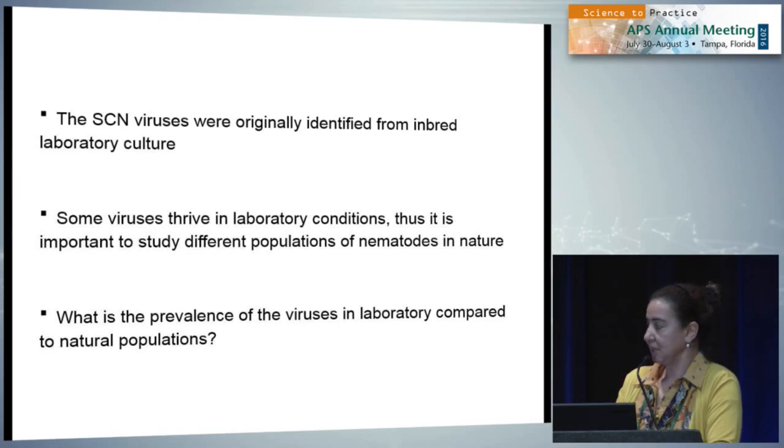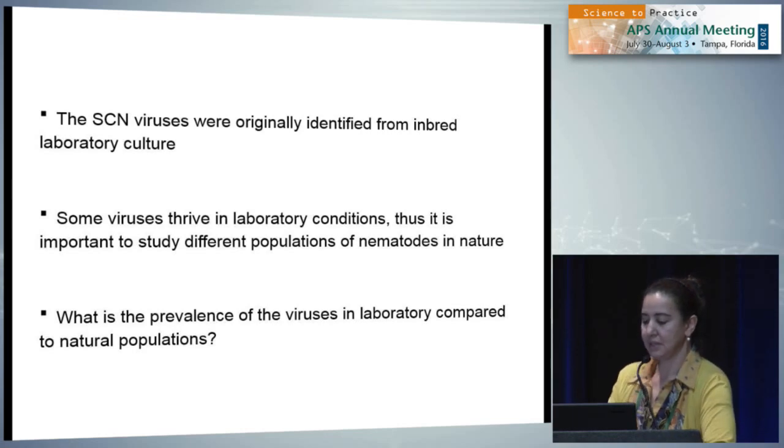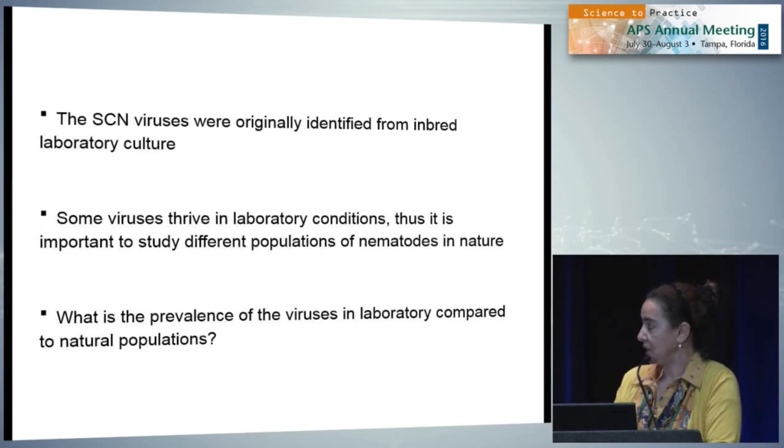So we were interested to look at the field natural population. And we went ahead and sampled many soybean cyst nematode populations from Iowa and Illinois. And we looked at the prevalence of those 5 viruses in those populations.